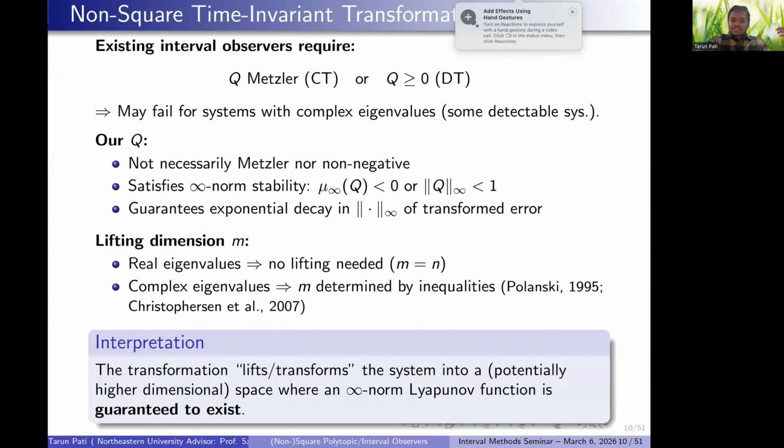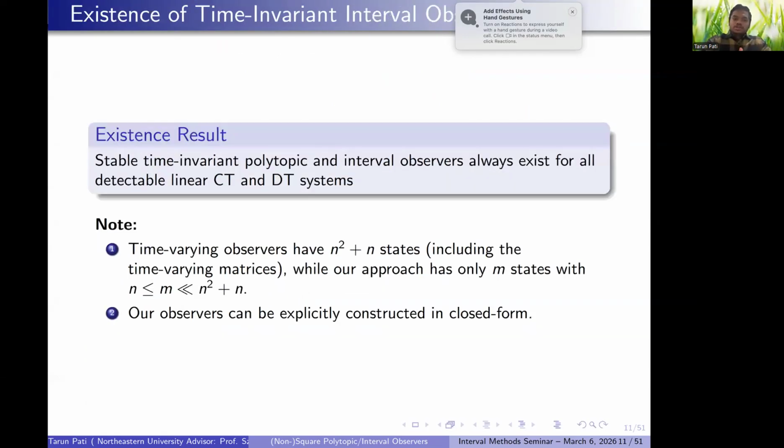As I've said, the transformation P may be of higher dimension M. If all the eigenvalues of our original closed-loop ACL are real, then we don't need to lift the system to a higher dimension. The transformation can be in the same dimensions as our original state. But if we have a complex conjugate pair of eigenvalues, then it may be required to increase the dimensions of our transformed system.